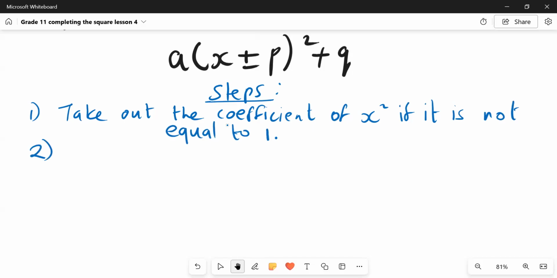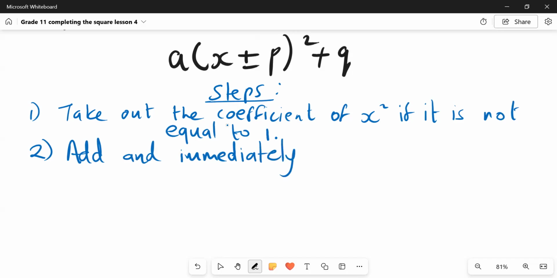Number two, you can write these steps down so that you can remember.